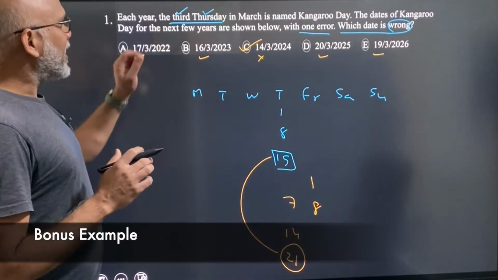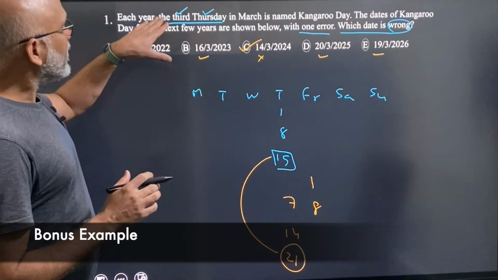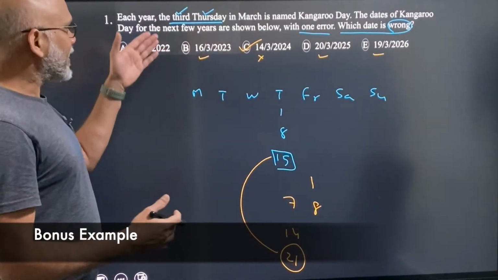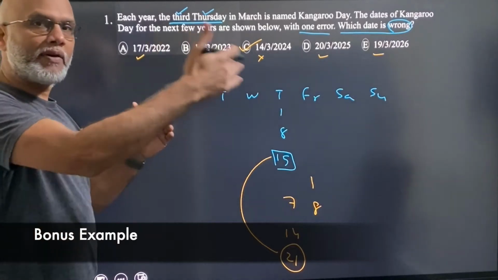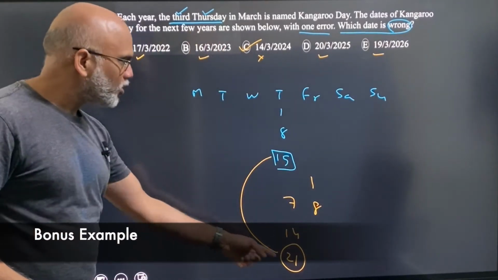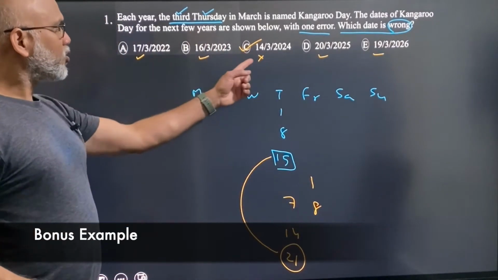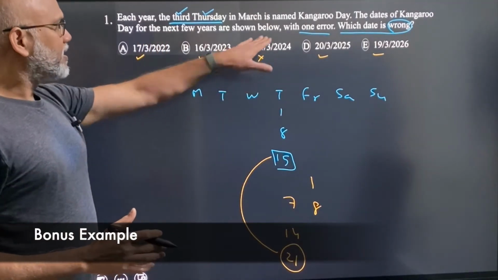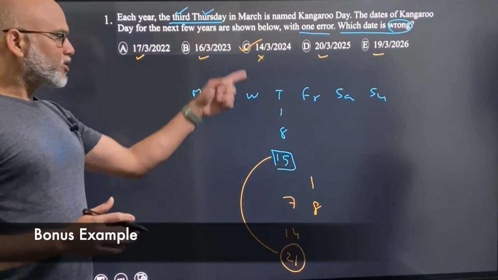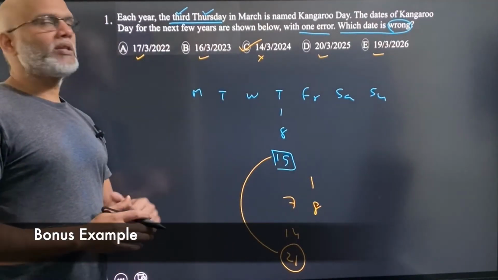All that I had to check is if this is going to be a third whatever day, like it can be third Monday, third Tuesday, third whatever day has to be between 15 and 21. And in this case, this was the only choice that was not. So I was lucky that C turned out to be the only choice that was not in between these two dates. And that was the correct choice.